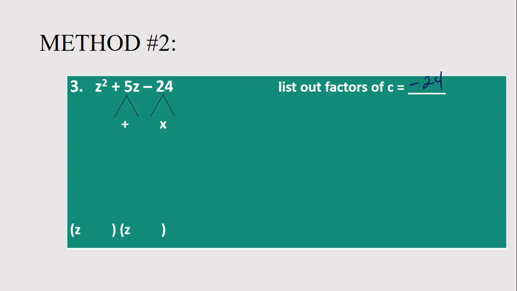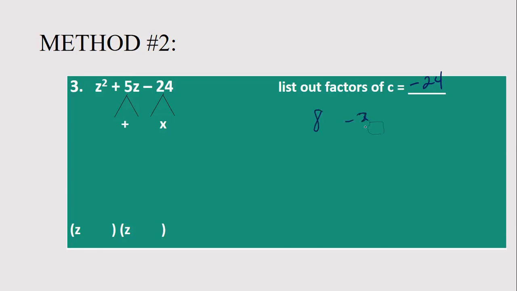Does that make sense? Because as long as you pick the right factors, it will work. All right. What are my factors? What do we get? Positive 8 and negative 3.